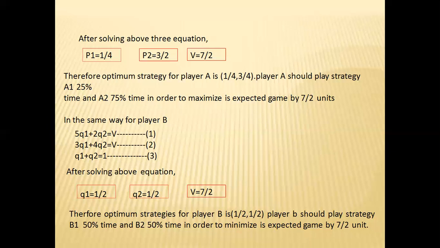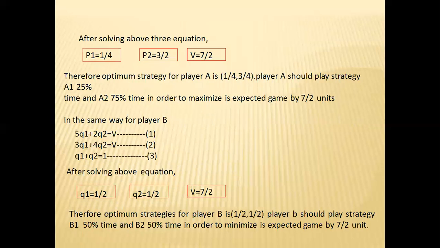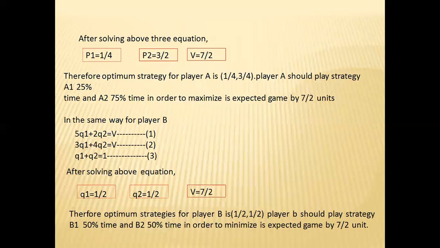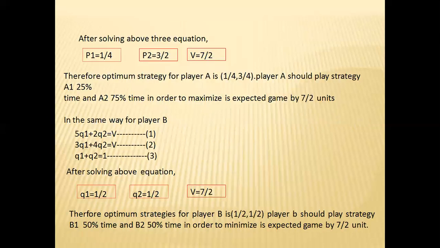Moving on in the same way to player B, taking the values, that is 5Q1 plus 2Q2 is equal to V, and simultaneously 3Q1 plus 4Q2 is equal to V, and additionally Q1 plus Q2 is equal to 1.